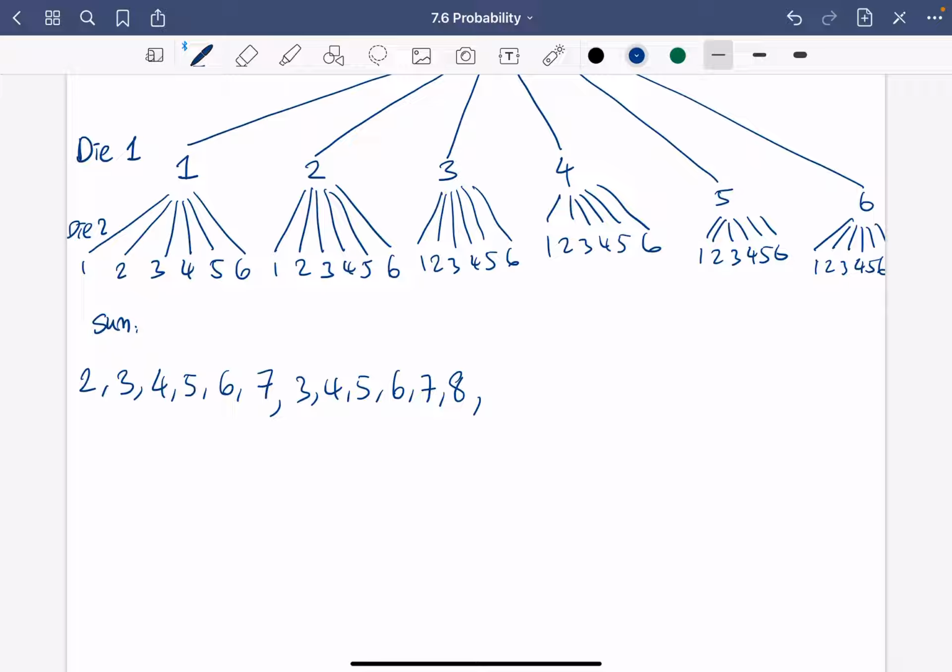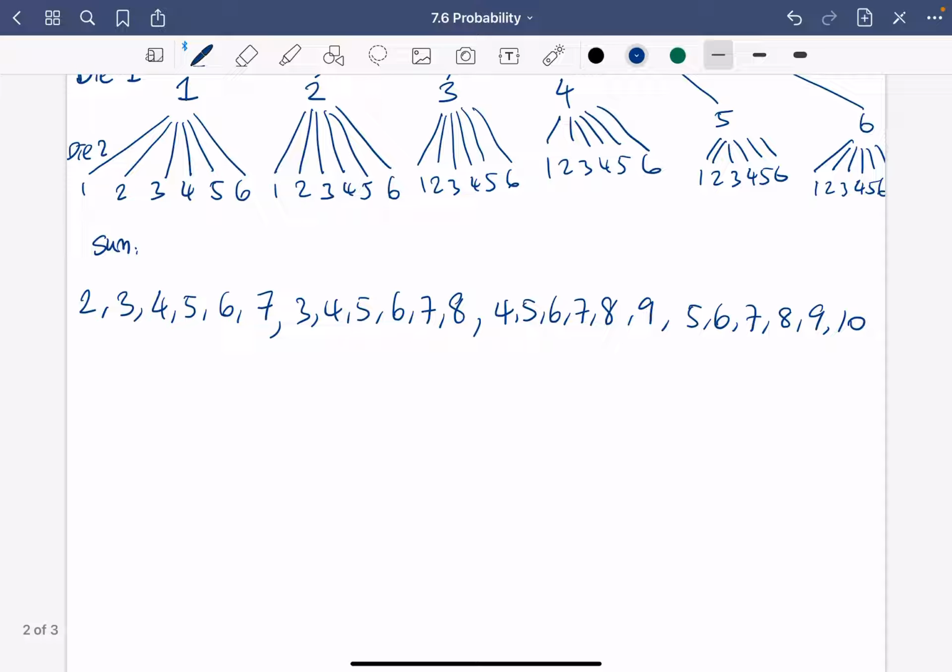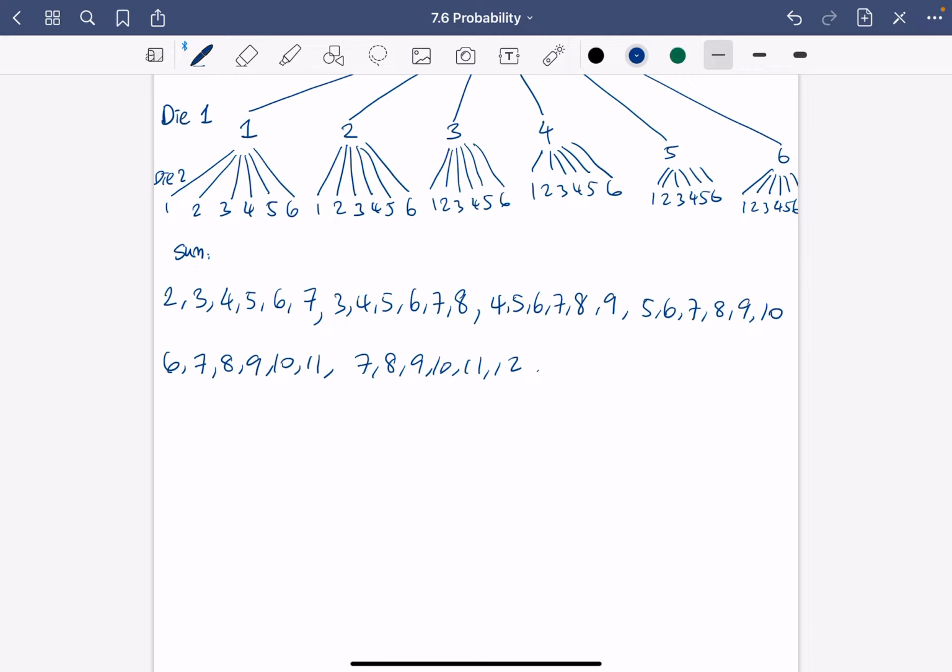And then the third one, 4, 5, 6, 7, 8, 9. The fourth one will be 5, 6, 7, 8, 9, 10. The fifth one, 6, 7, 8, 9, 10, 11. And the last one, 7, 8, 9, 10, 11, and 12. So this is our sample space.